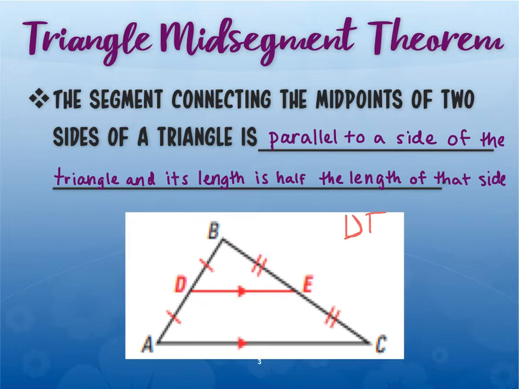So DE is not only parallel to AC, but it is also half the length of AC. So DE is equal to 1/2 times AC. And it has these little arrows here to show that it's parallel.